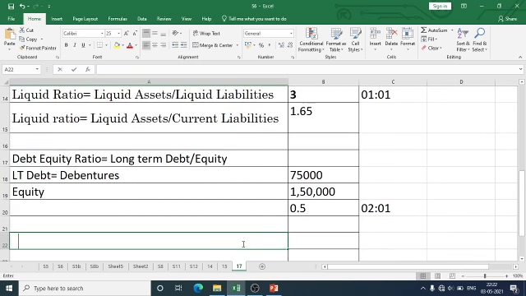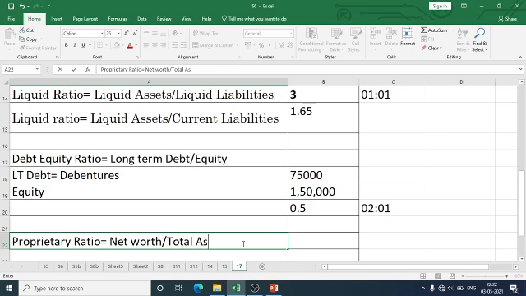And the last one is proprietary ratio. Now the formula for proprietary ratio is net worth upon total assets.